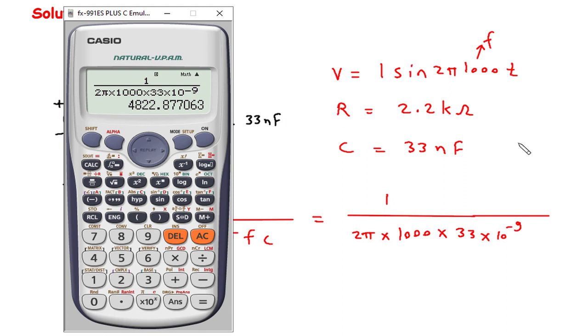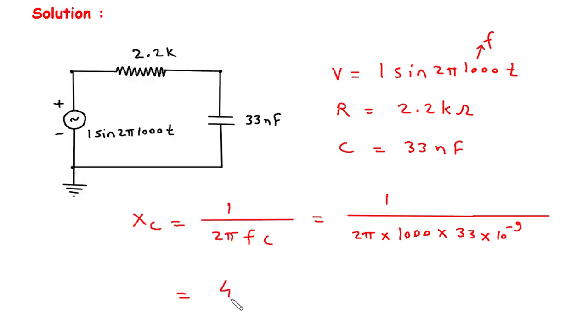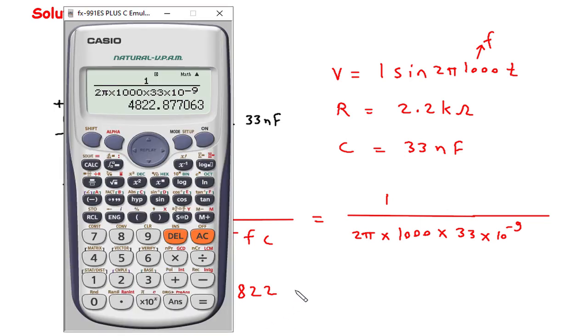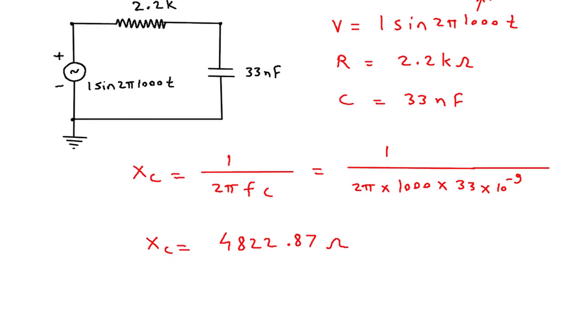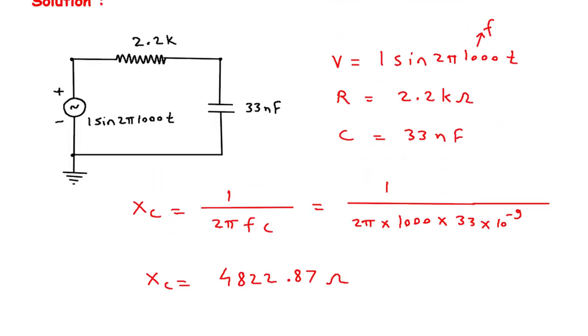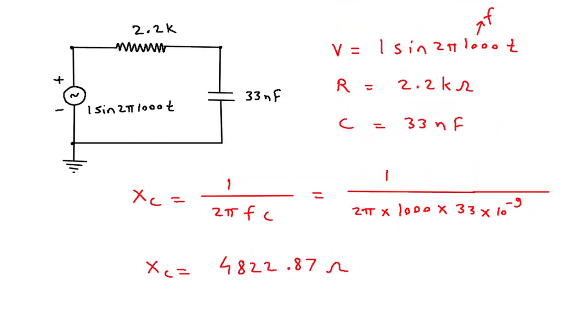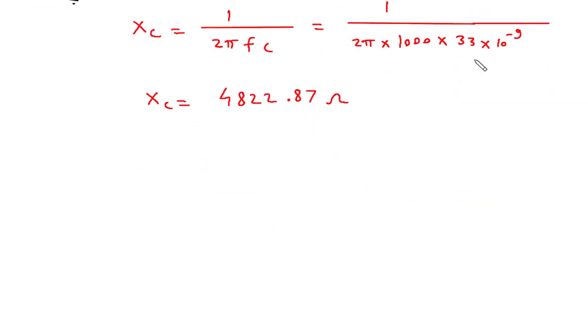So, it is 4822.87. Now, since it is capacitive reactance, its unit will be ohm. Now, we have the value of XC, so we can find the value of total impedance of this R and C combination. The total impedance will be Z is equal to R minus jXC.